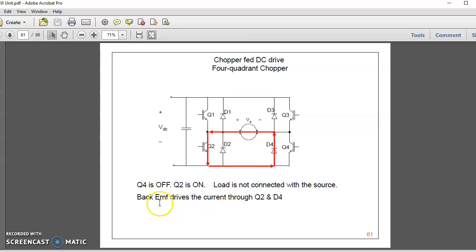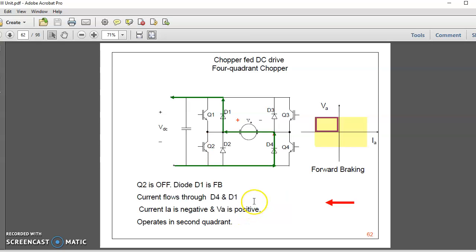Now Q4 is off and Q2 is on. Now the load is not connected with the source, so the back EMF drives the current through Q2 and Q4. Coming to the second quadrant operation, Q2 is off and diode D1 is conducting, forward biased.